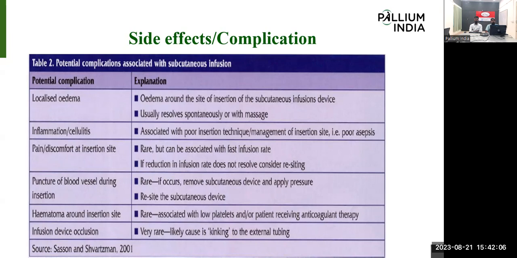Then puncturing of a blood vessel. There is no chance of puncturing a blood vessel during the insertion time. It's very rare. It happens after pricking or fixing the subcutaneous needle. Even with the infusion or injection running, the patient can move and do every activity with the subcutaneous needle.